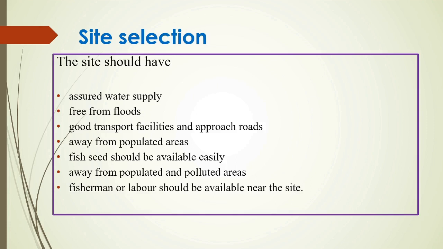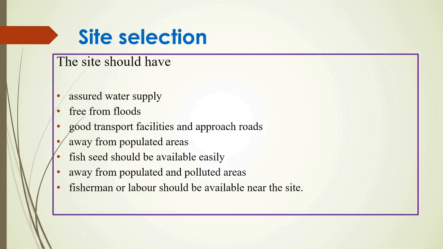Soil and water of the site must be suitable for fish culture. The site should be free from floods. The site should have good transport facilities and approach roads. The site should have electrical and telephone connections.